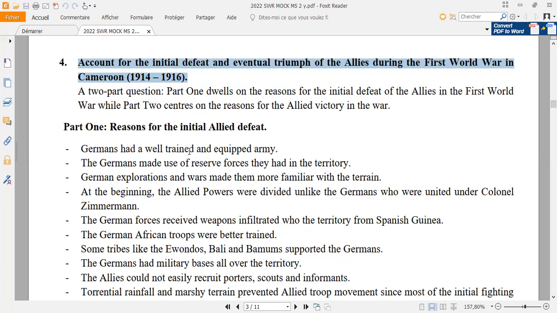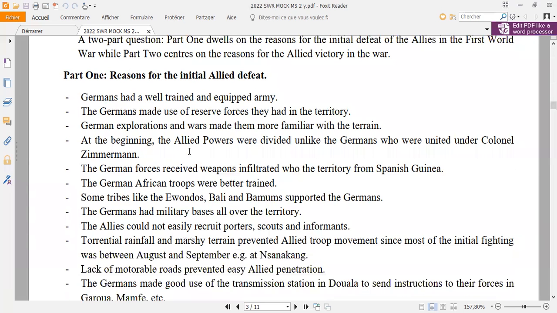And part 2 will center on the reason why the Allies finally defeated the Germans, or the reason for the Allied victory in the war. Good. So part 1 will focus on the reason why Germany resisted the Allies for so long. That is what they say here: reason for the initial Allied defeat.